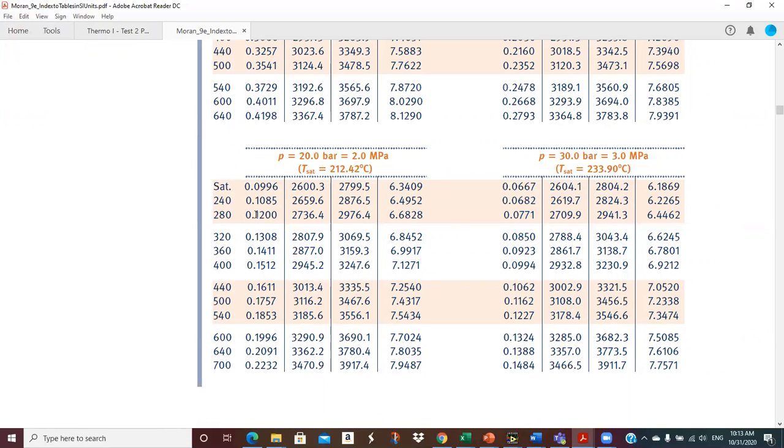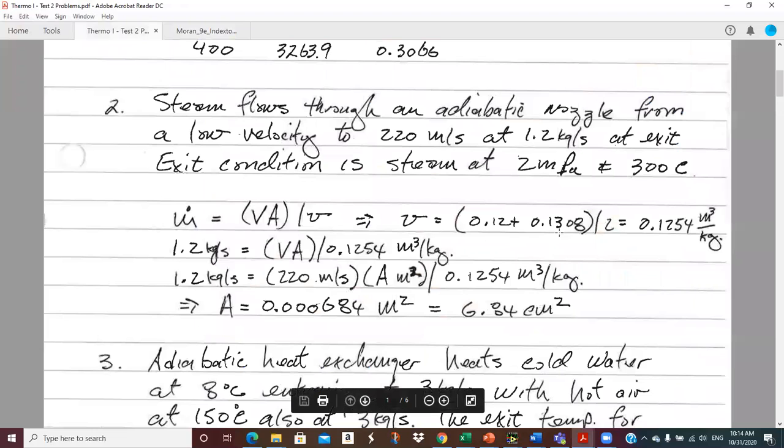And so we're halfway in between, so that makes the interpolation. Add those two together, divide by 2. So it's 0.12 plus 0.1308 divided by 2 to get the specific volume. And so that's what we're doing here. So my specific volume at the exit is 0.1254 meters cubed per kilogram.